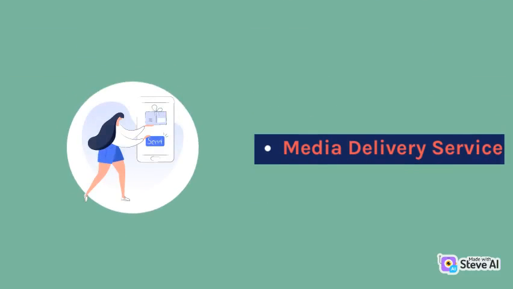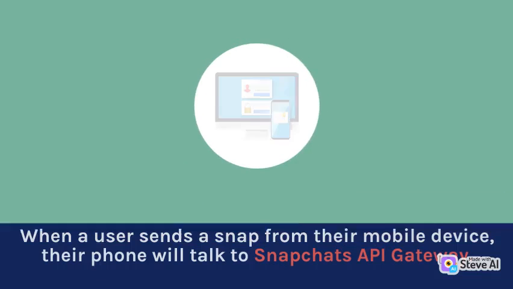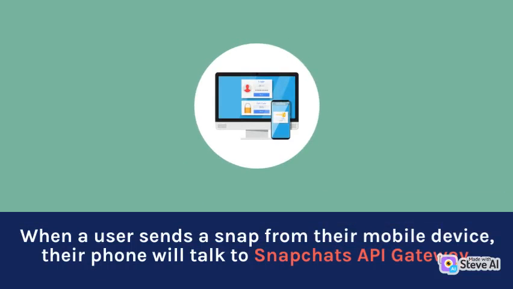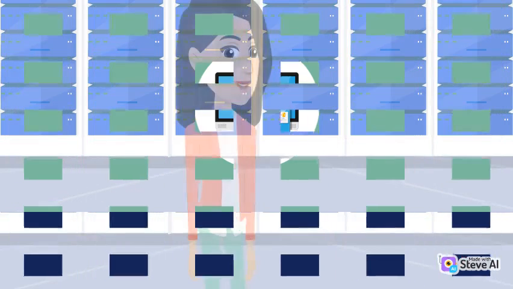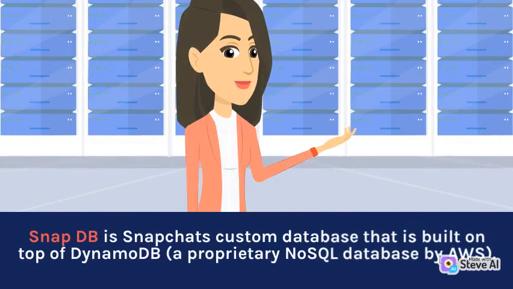Media Delivery Service. When a user sends a snap from their mobile device, their phone will talk to Snapchat's API gateway. SnapDB is Snapchat's custom database that is built on top of DynamoDB, a proprietary NoSQL database by AWS.